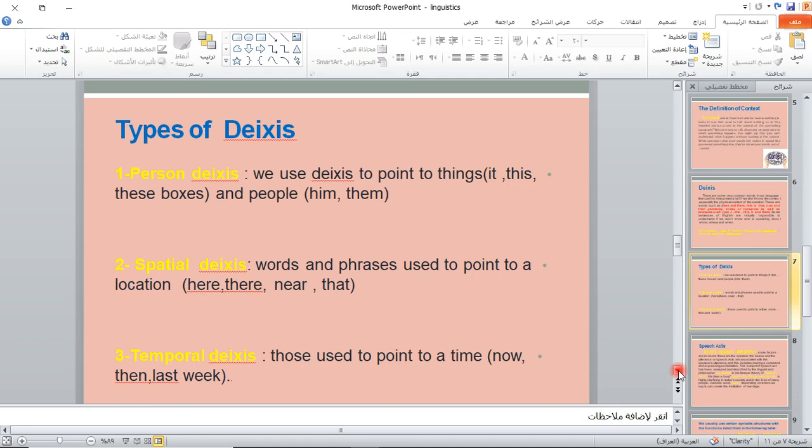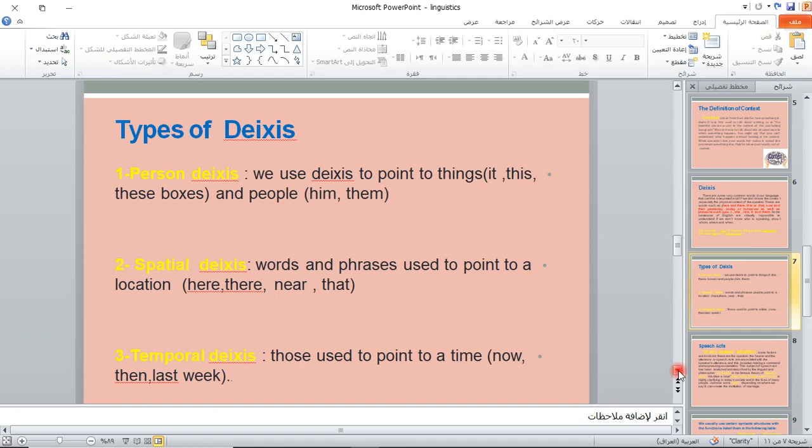There are many types of deixis in English. First, person deixis. We use deixis to point to things, نشير إلى الأشياء, for example it, this, these, boxes, and people, وإلى الأشخاص.